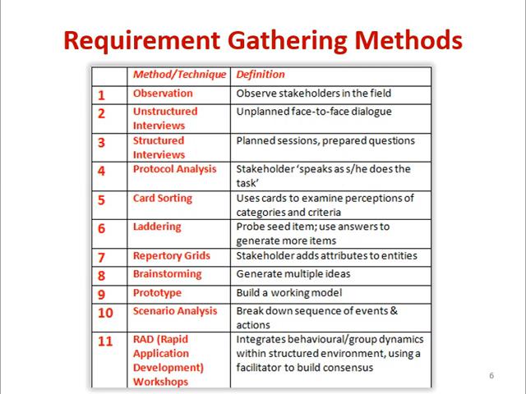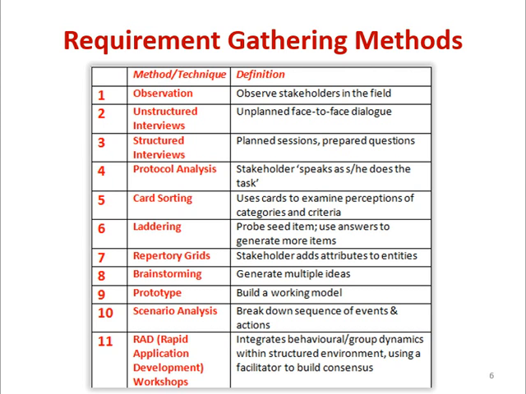Protocol analysis, that is, the stakeholder speaks while he does the task. Then card sorting, which is a kind of gaming mechanism, which I shared in the previous module. Laddering, that is, probe, seed them, and use answers to generate more items. Then repertory grids, brainstorming, prototypes, scenario analysis, and finally RAD, a prime component in Agile, which is rapid application development workshops.